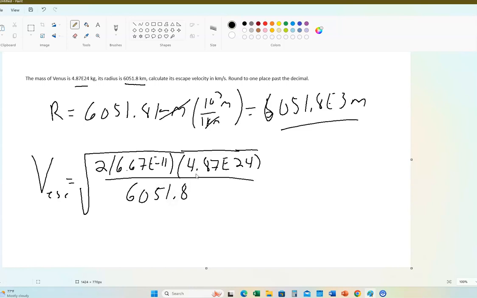6051.8. Remember, this is the average radius of the planet times 10 to the third. Of course, that's got to be meters. So let's do this calculation.